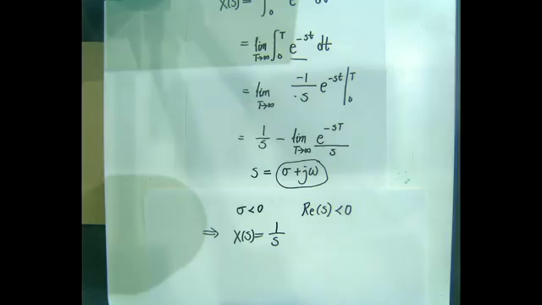From this, I can find the Laplace transform of constant 1 easily, while the Fourier transformation of constant 1 does not exist.